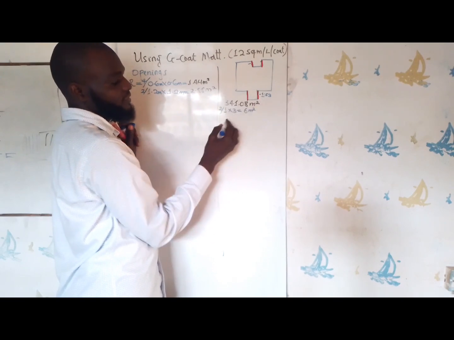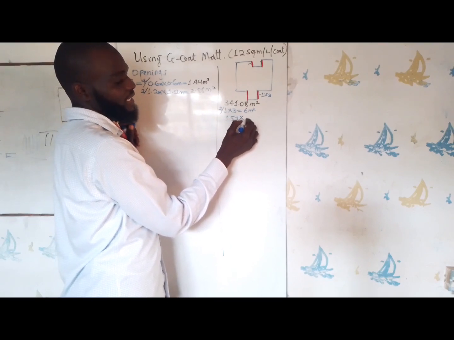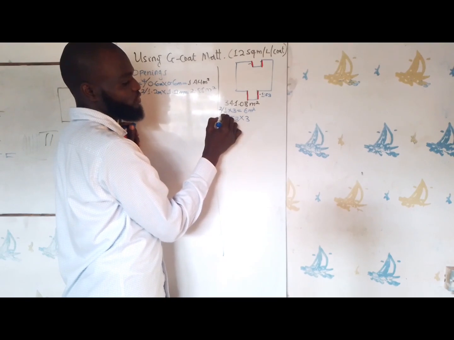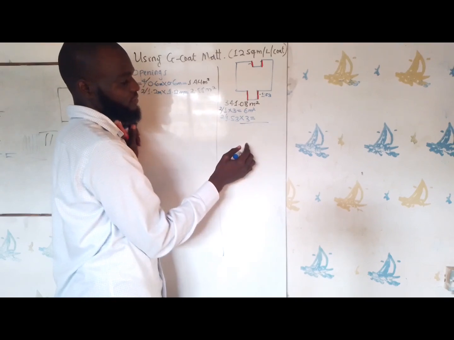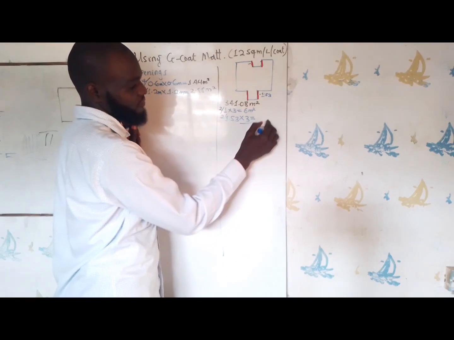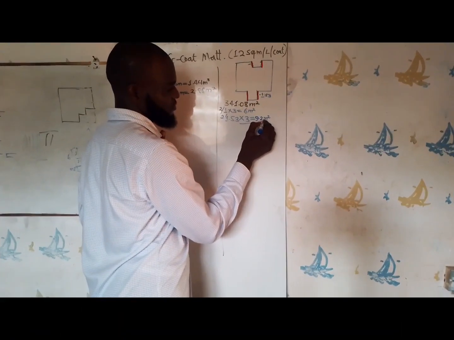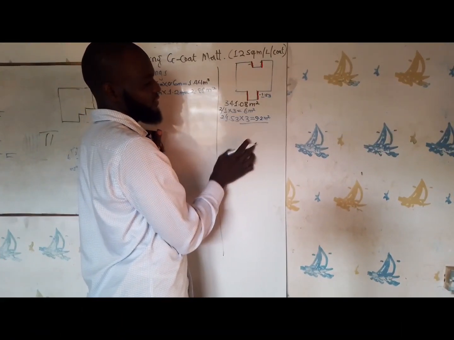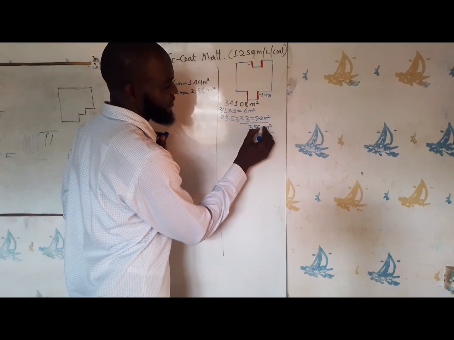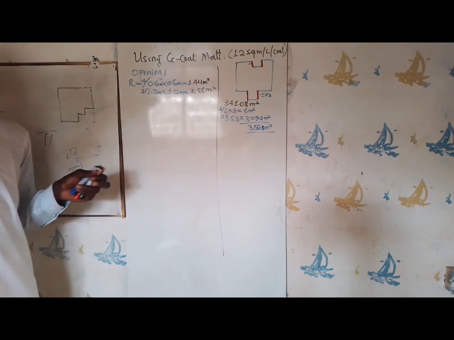Then this and this, that's 1.53 times the height 3 by 2 again. What would that give us? So now let's add everything together. 56.3. That's the general external.